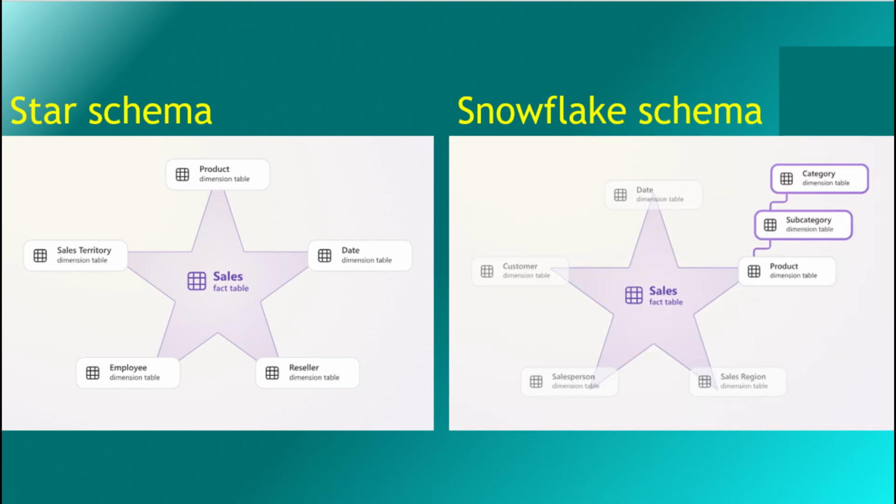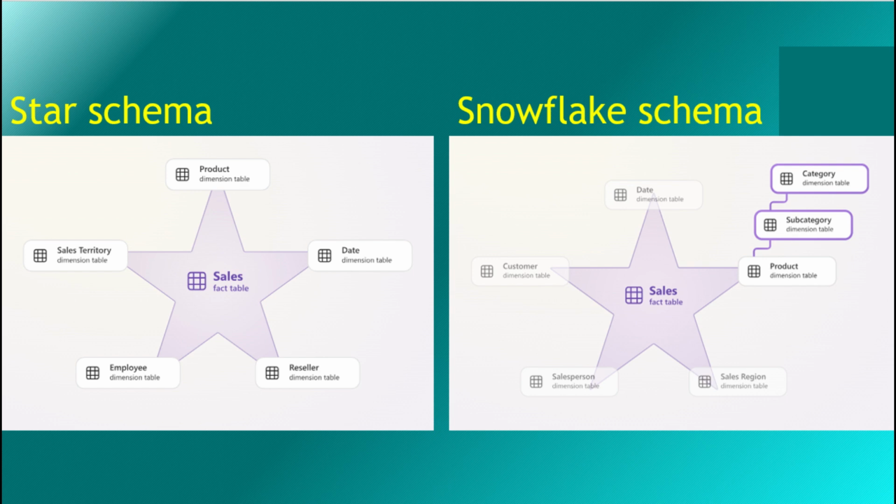You can see that in the snowflake schema all the tables are normalized, but in the star schema they are denormalized tables. Here you can see that product, subcategory and category are connected by a chain of relationships.